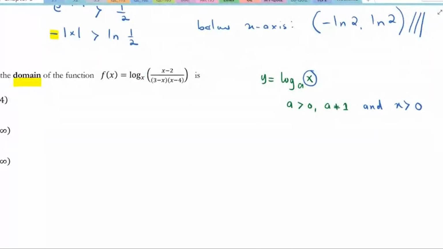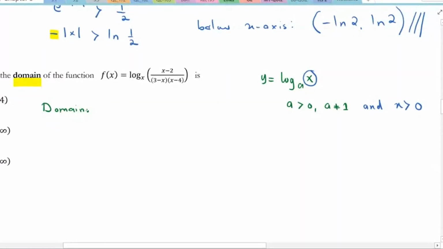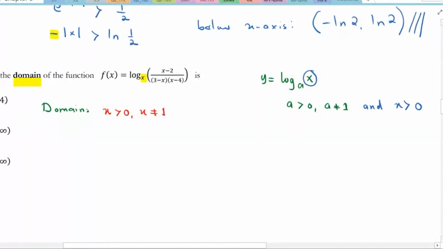So now, gentlemen, please pay attention, the domain. The first one, I have to start with the base. x must be greater than 0 and x cannot equal 1. That is what the base gave us.